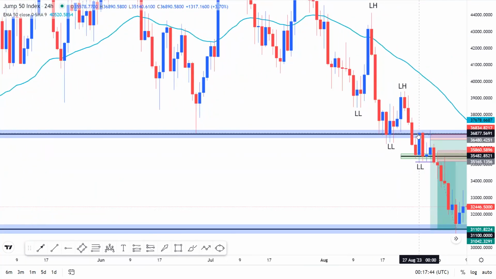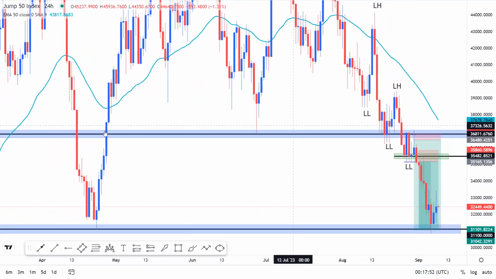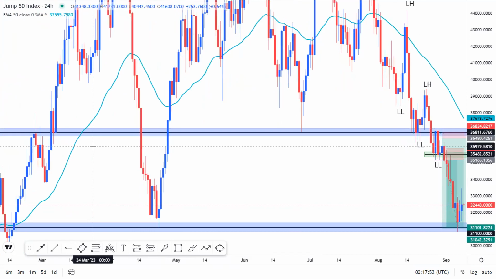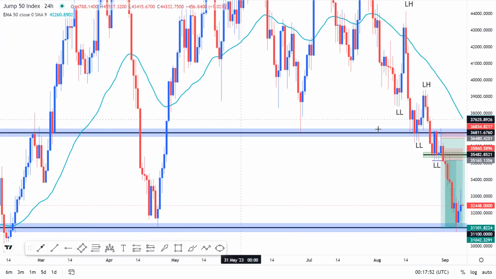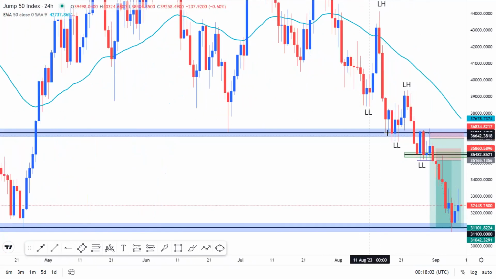Then what did we see again? We had a nice sell-off from the level. So for every one of the times price tested the level, we had huge price movements in the opposite direction on 1, 2, 3, 4 occasions, making this level a daily key level.